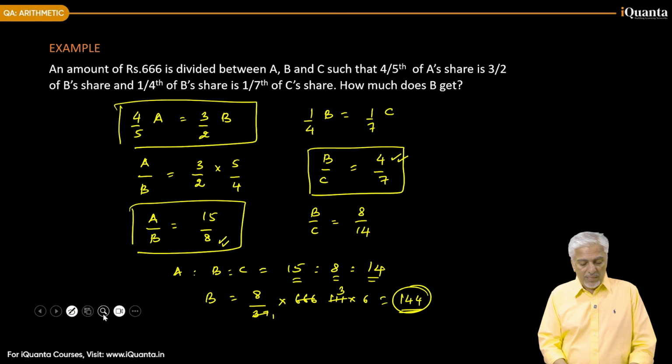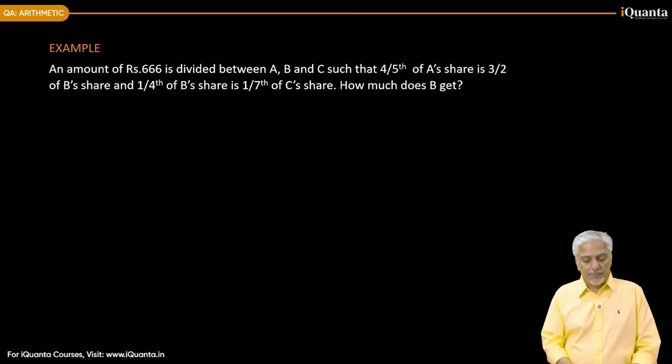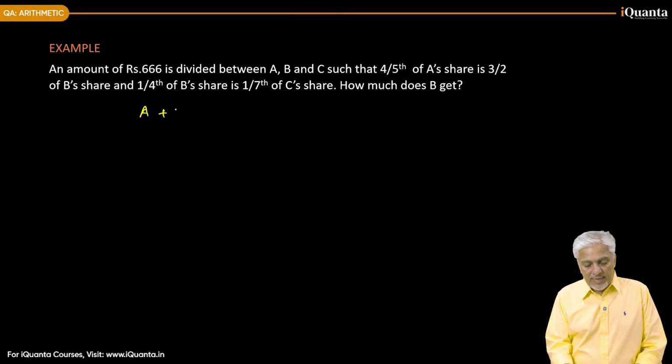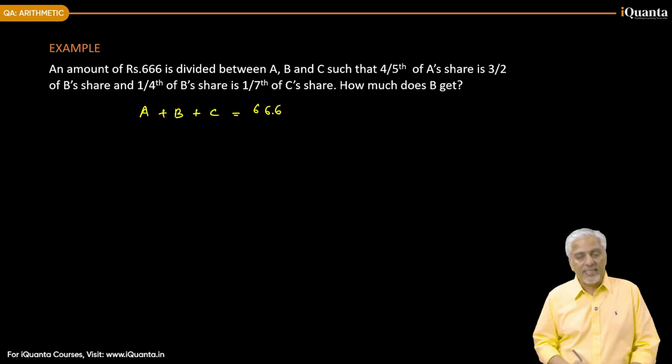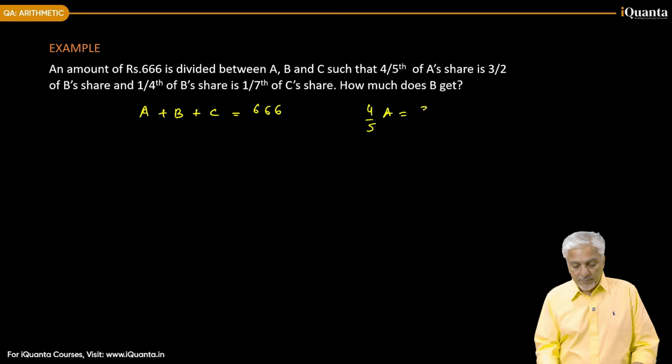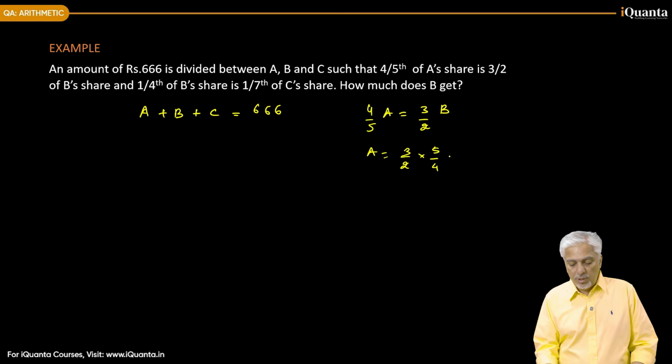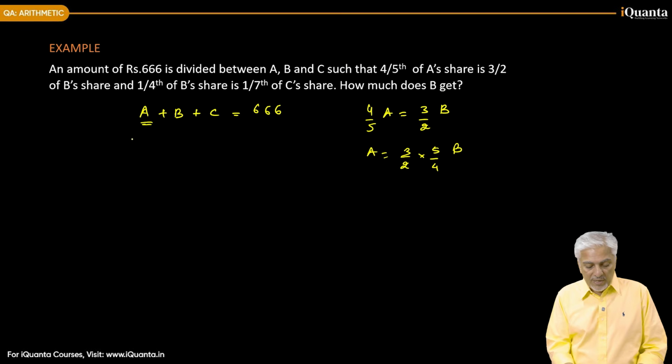Just pay attention. If somebody wants to do it more like an algebra question, it was told to us that the total money A plus B plus C is 666. Now, in the first case, we know 4/5 of A is 3/2 of B. So can I write A is equal to 3/2 into 5/4 B. So A is 15/8 B. So instead of A, I'll write 15/8 B. B will remain B only.